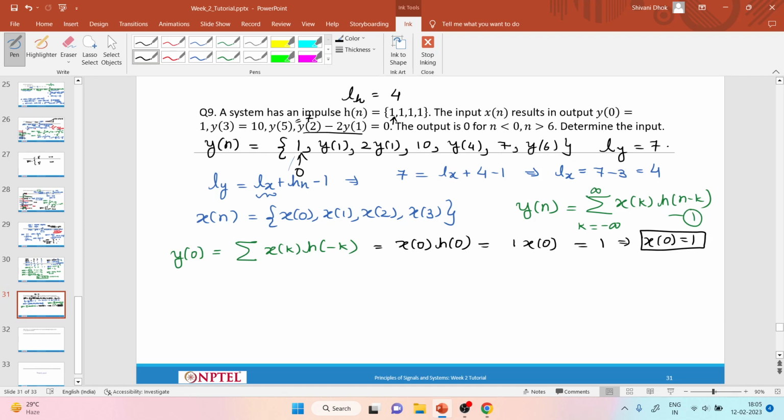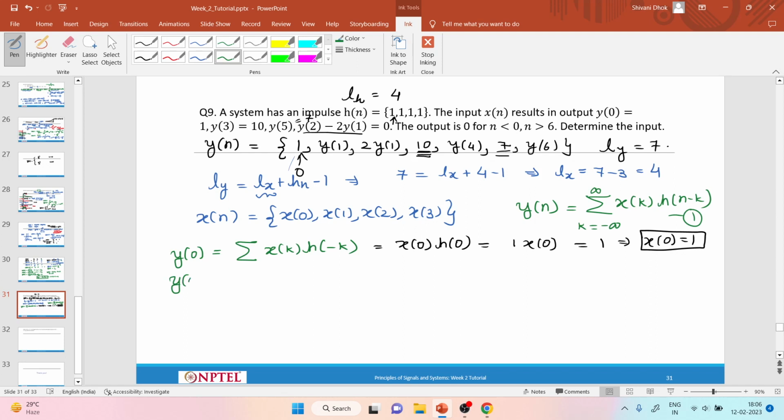Next thing that we can do is we can try to use this equation here, that is y of 3, and try to obtain its value, or we can use y of 5. Let's use y of 5 first.